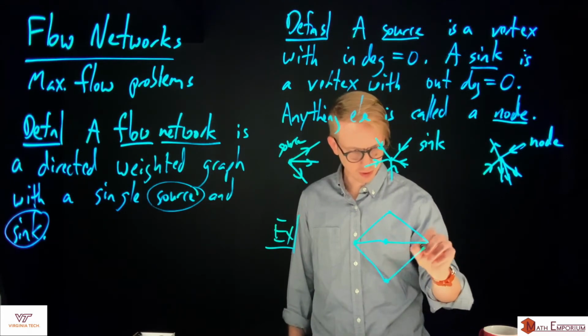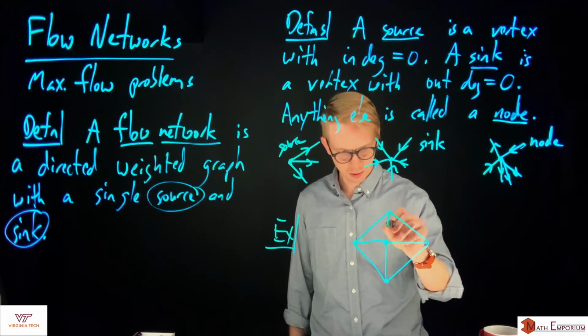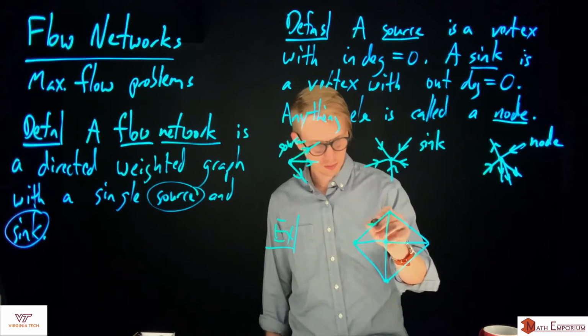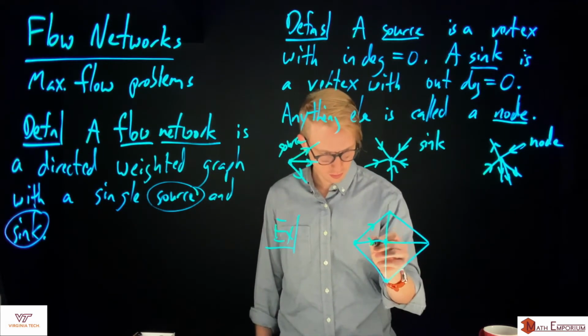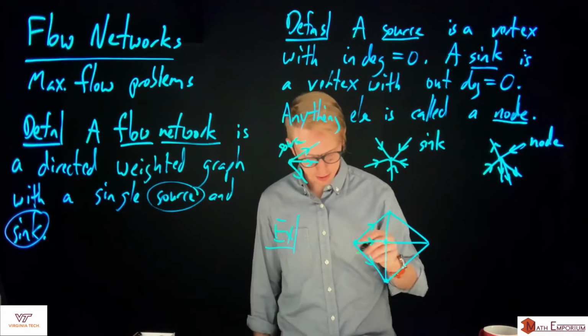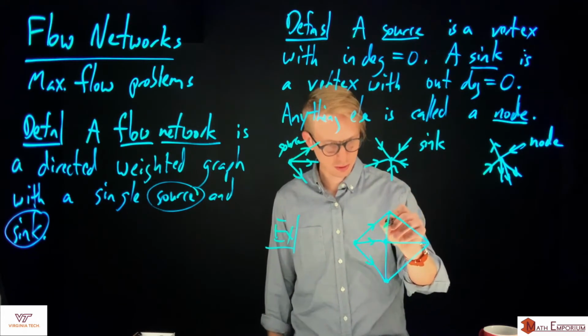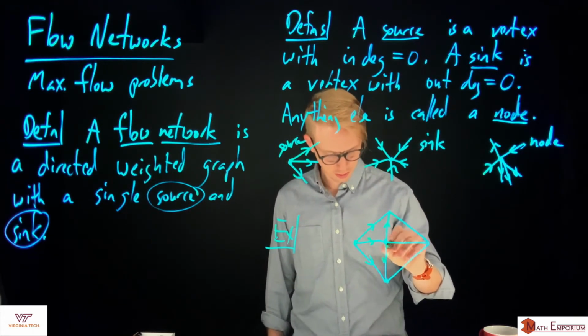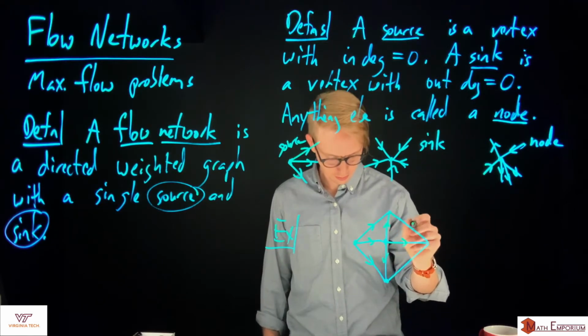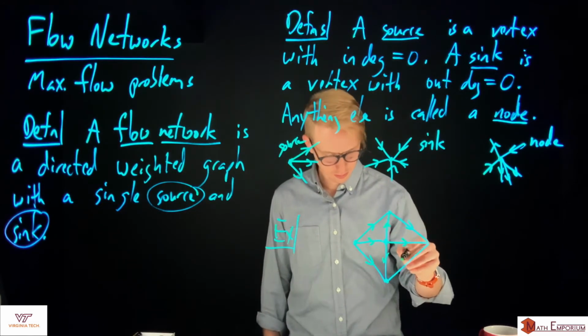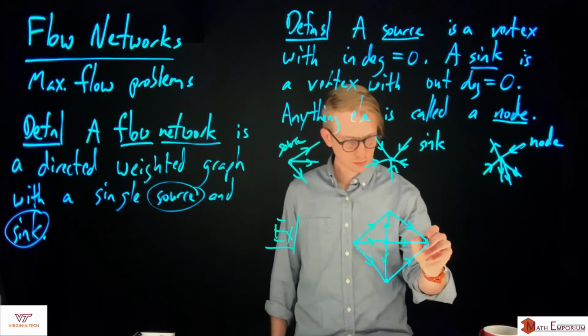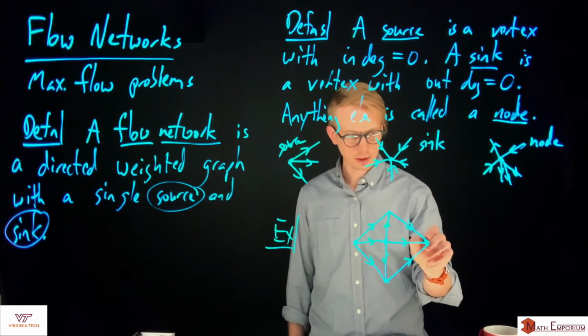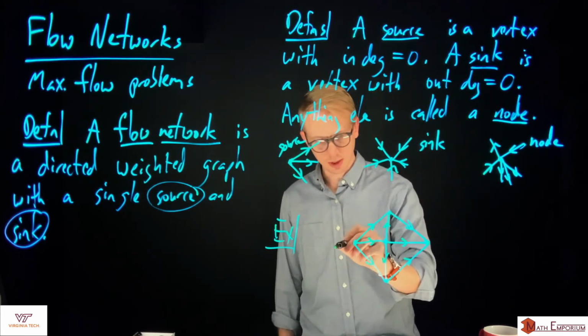So I'm just going to make sure I have all the edges I think I do. You can see that is a source, and here is a sink. Let's give these some names.